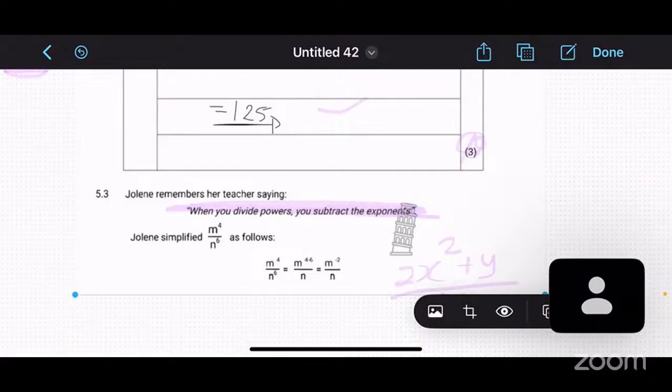Okay. I'm talking about the statement that Jolene says that she remembers. When you divide powers, you subtract the exponent. Does that make sense? What are powers? What are exponents? What is the difference between the two?